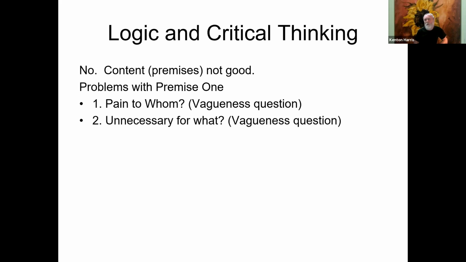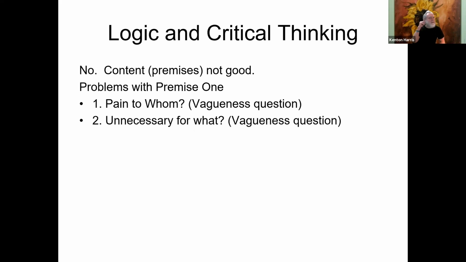Unnecessary, that's a trigger word, right? We're going to talk about this class of word later on in this class as well. But unnecessary requires further stipulation. Unnecessary for what? Look, if I want beef stroganoff, some animal's got to die, and not just any animal, some bovine animal.